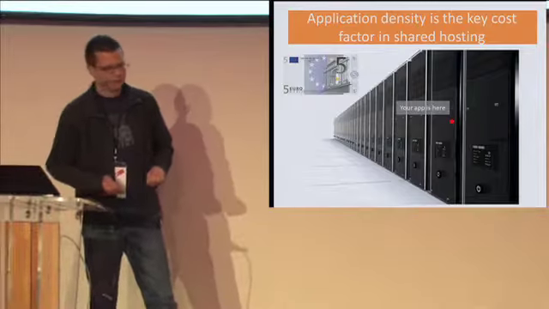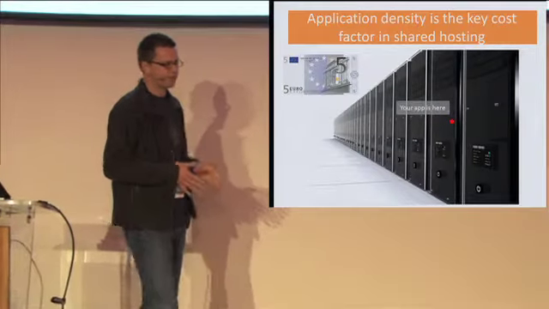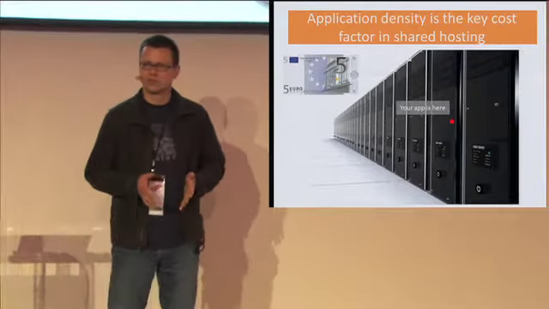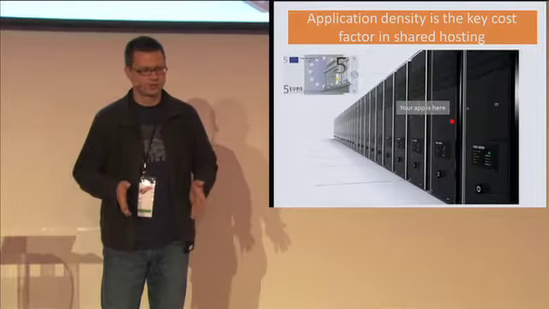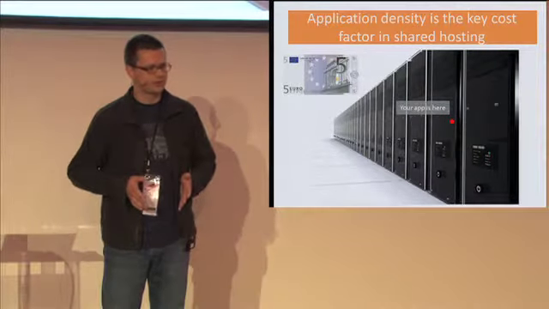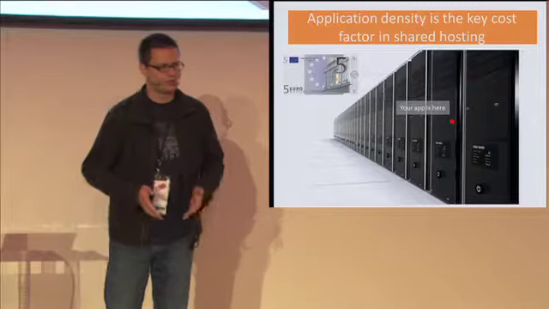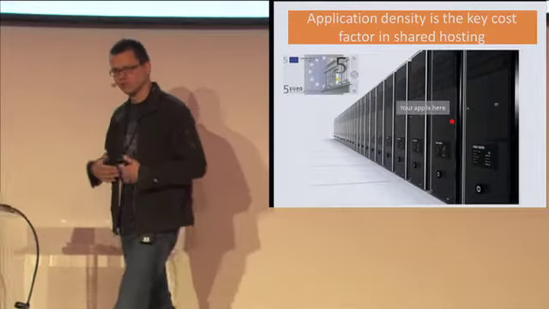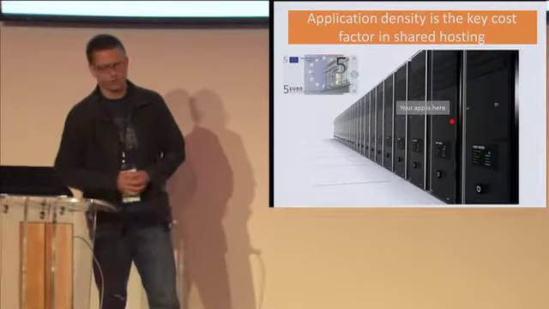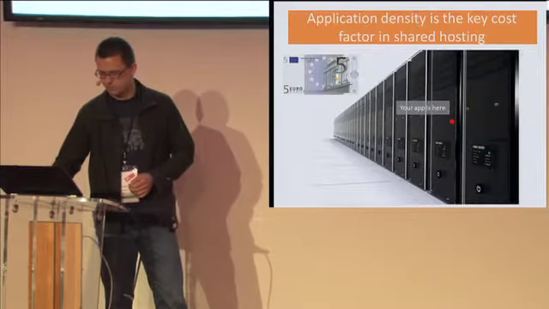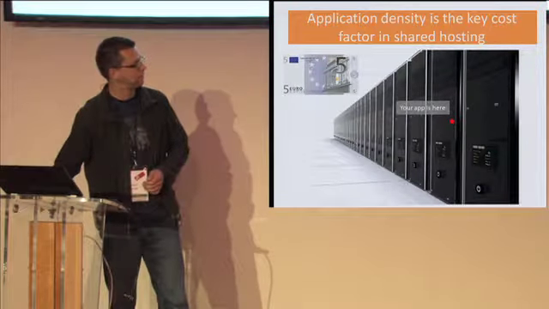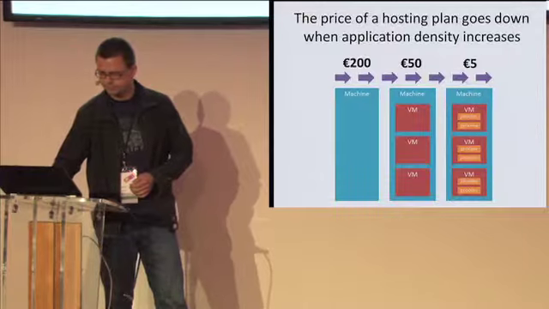So the key takeaway is, if we can reduce the number of machines necessary to run a certain number of web applications, we can pretty much proportionally reduce the overall cost of running a data center, and therefore provide an incentive to hosting companies to reduce the pricing of the shared hosting plan.